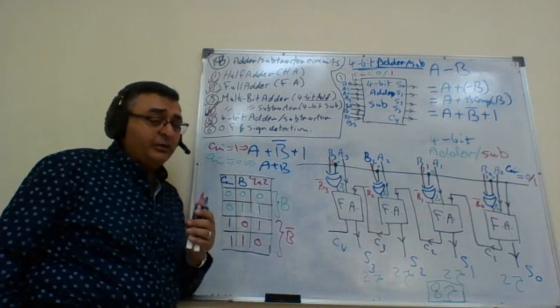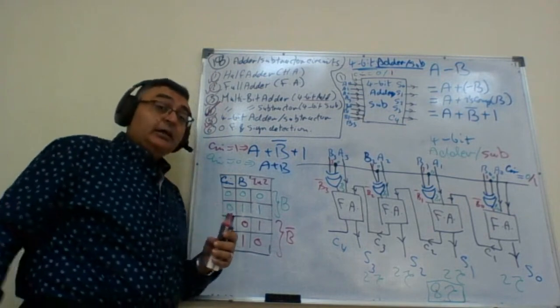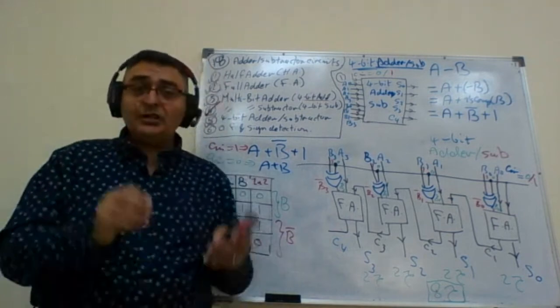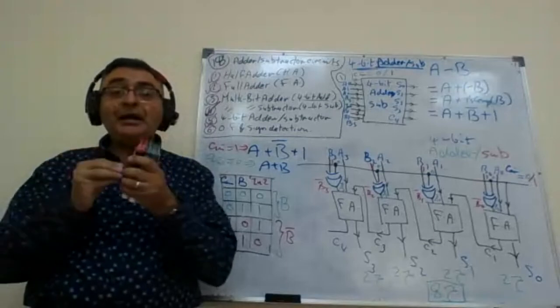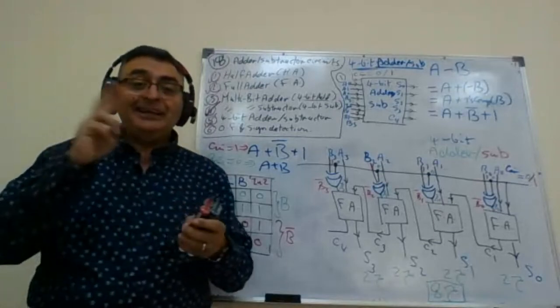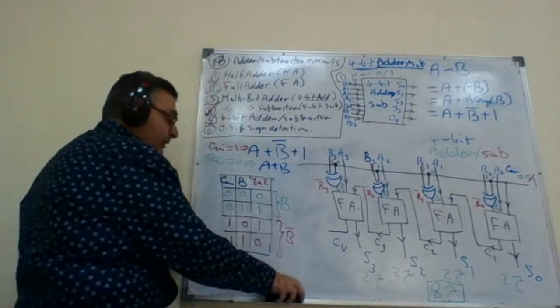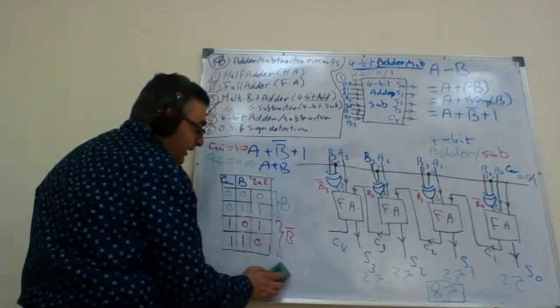Do you still remember how we detect the overflow? Yes, detecting overflow for signed 2's complement numbers is done through a comparison between the last two carries.